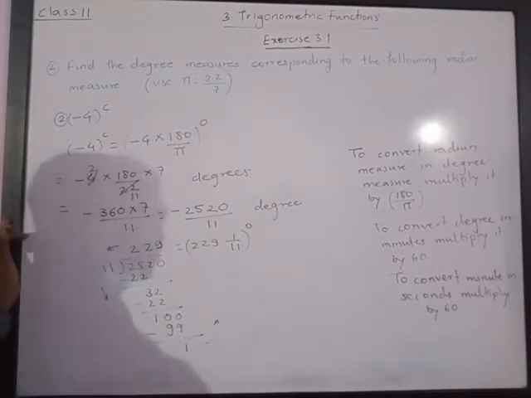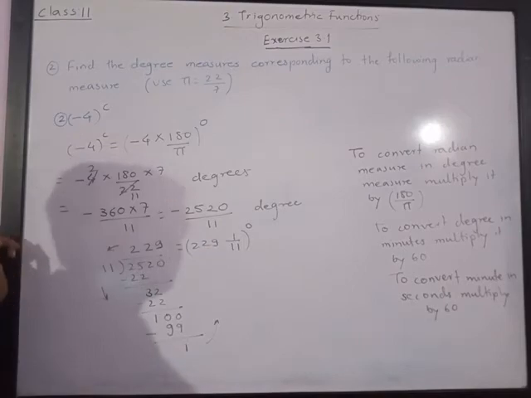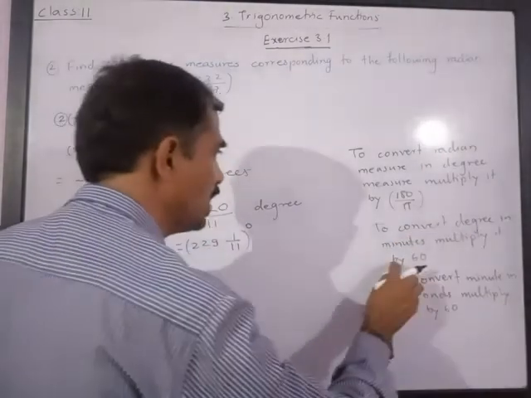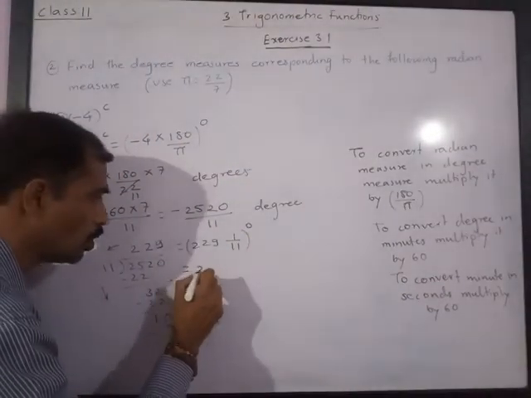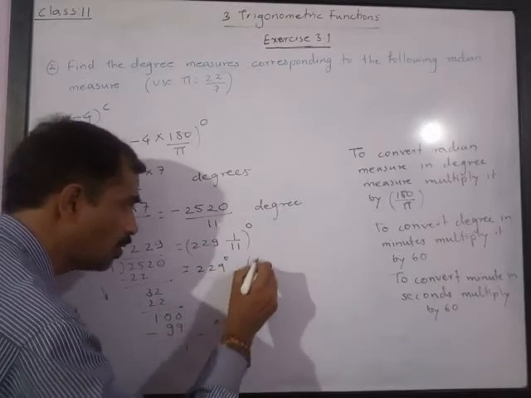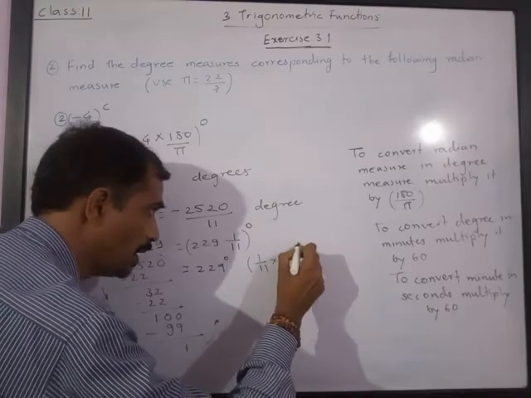Now we need to convert these degrees, which are in fraction form, into minutes. To convert degrees into minutes, multiply this part by 60. So this is equal to 229 degrees and 1 upon 11 multiplied by 60 minutes.